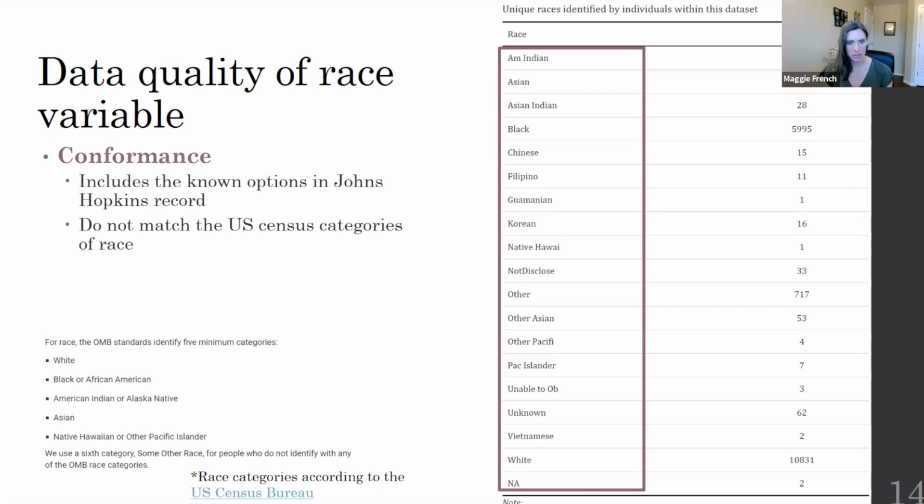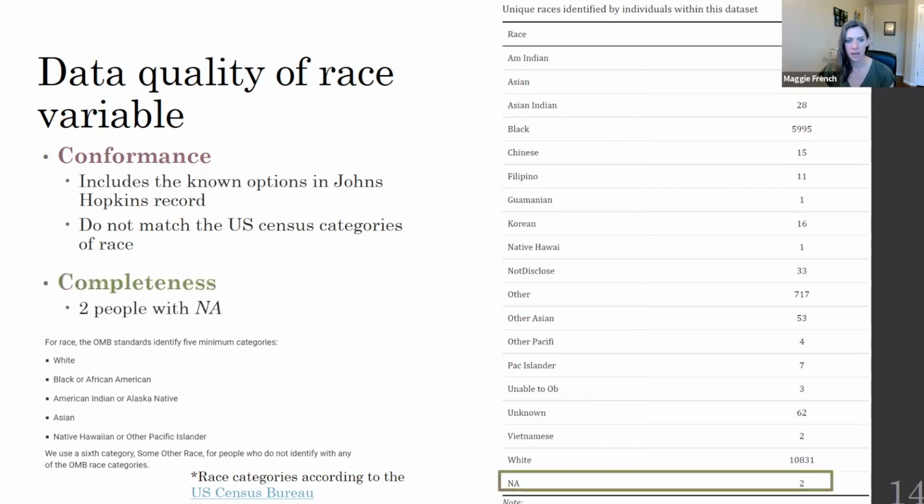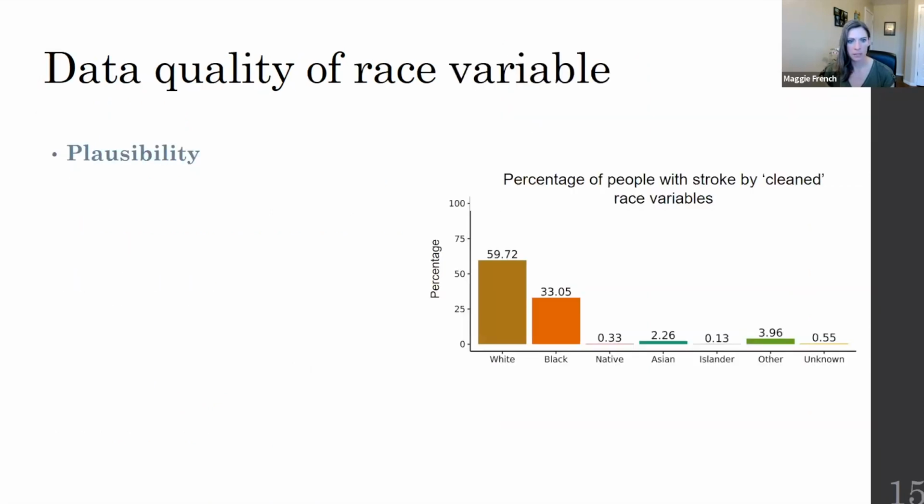And so what I've done to this data is I've collapsed all of these options for race so that they map on to the race options that the US Census Bureau uses. And when we do this, we can see this is the breakdown of percentage for each of those races within our repository.